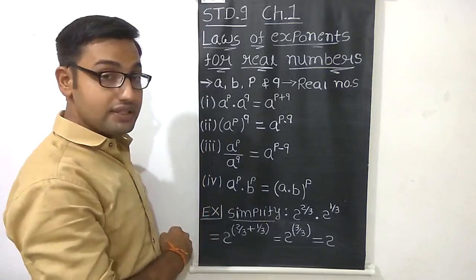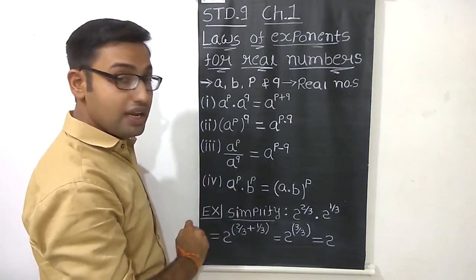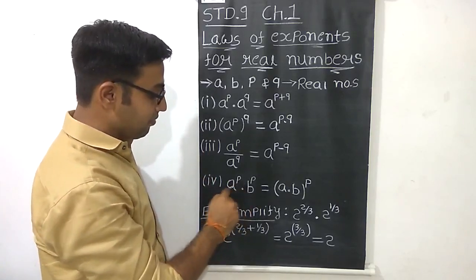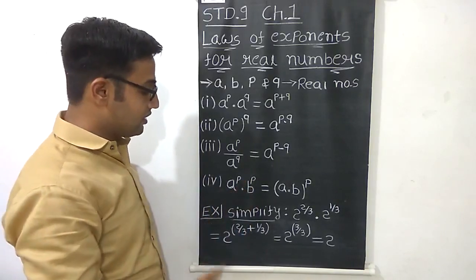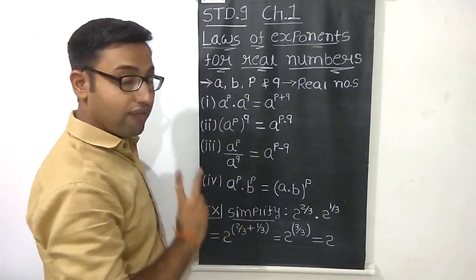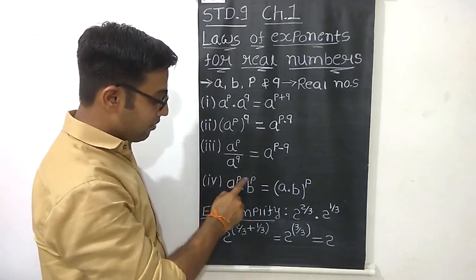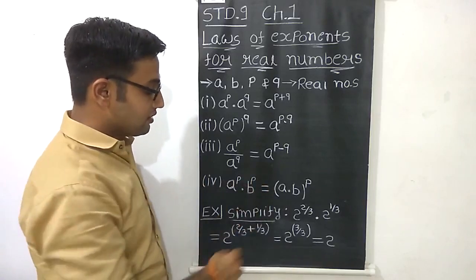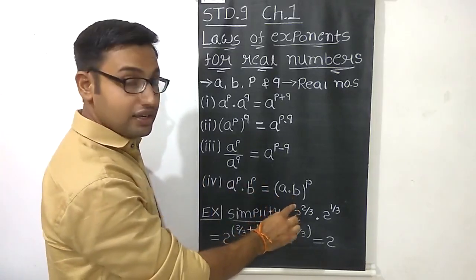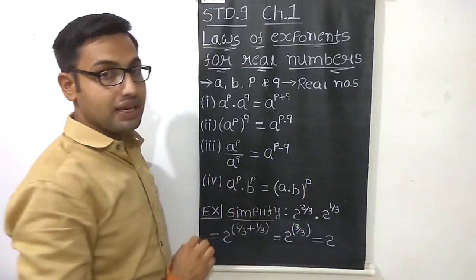Now the fourth law is a raised to power p multiplied by b raised to power p. Notice one thing here: the base is different but the power is the same. So we can write it as a multiplied by b, the whole raised to power p.